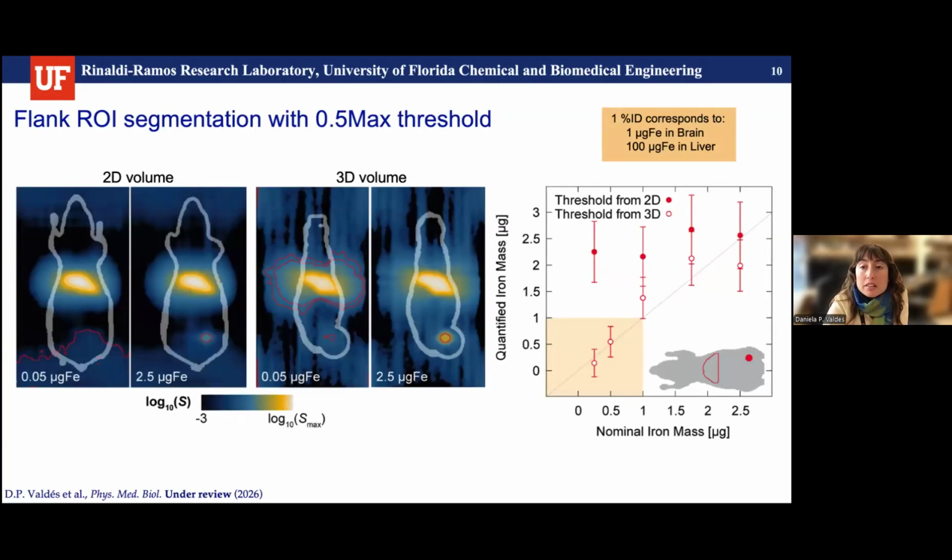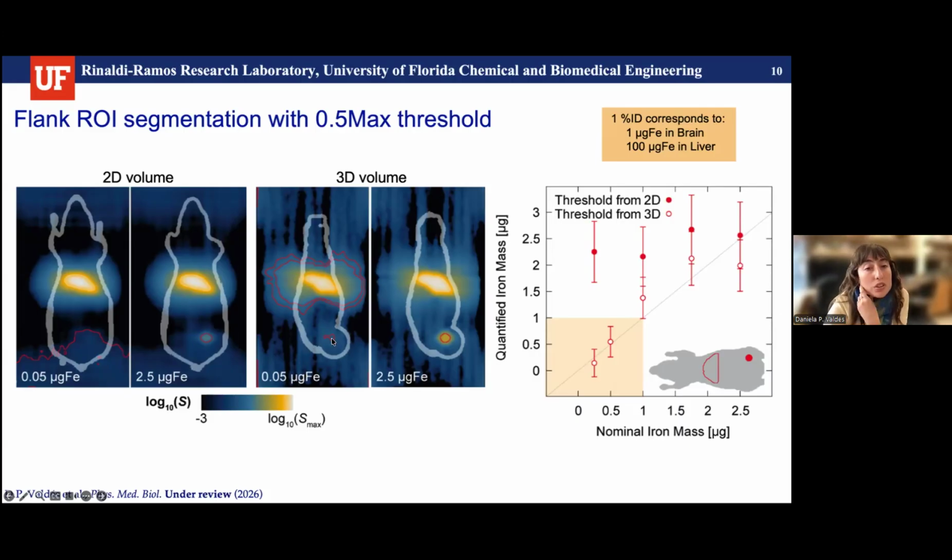What happens with the flank? So when we look at the flank, 2D and 3D volumes, for the largest mass we tested, we have no problems in segmenting, but as we go down, we start seeing these segmentations that are connected with some other parts, like either the background for 2D here, and the spillover from the liver and some background for the 3D.